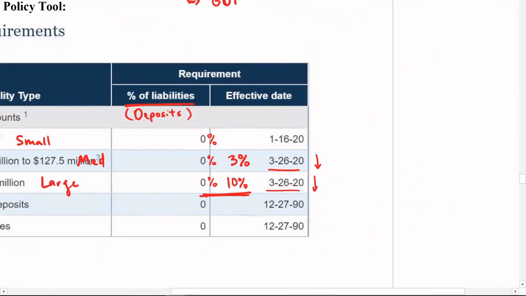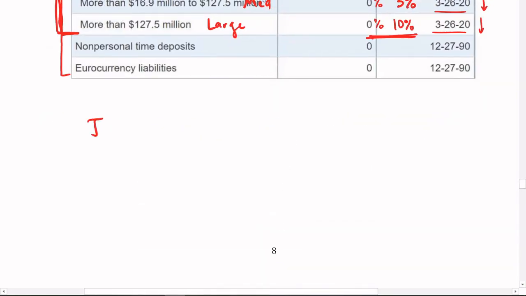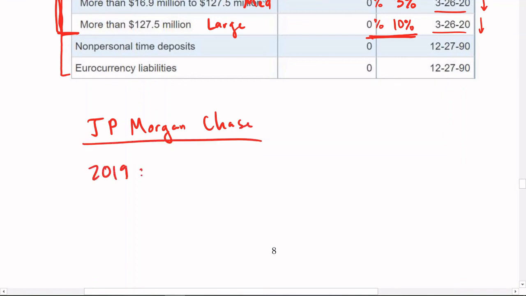If we just take one example, the largest bank in the United States, JP Morgan Chase, in 2019, they had total liabilities of, try to guess, $2.4 trillion.